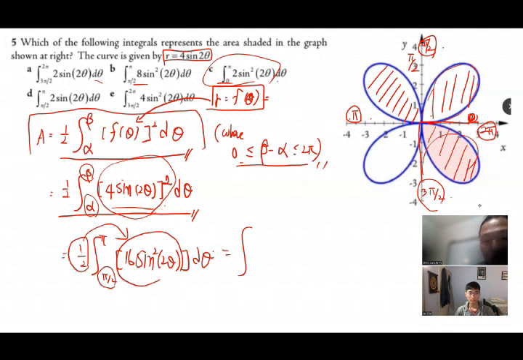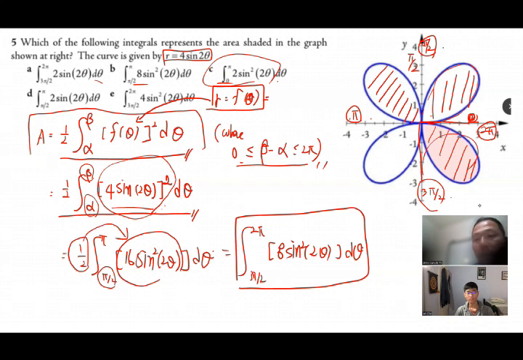Originally, 3 pi over 2 to 2 pi of 8 times sine squared 2 theta d theta. That is the answer, but this is effectively the same as any quadrant area from 0 to pi over 2 or pi over 2 to pi.